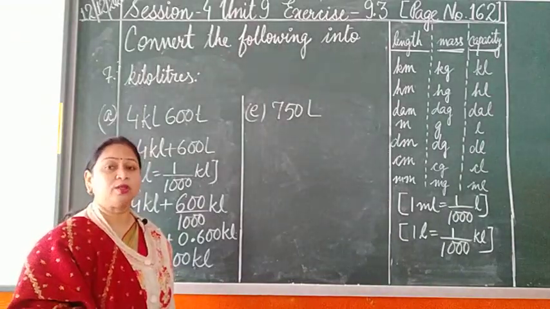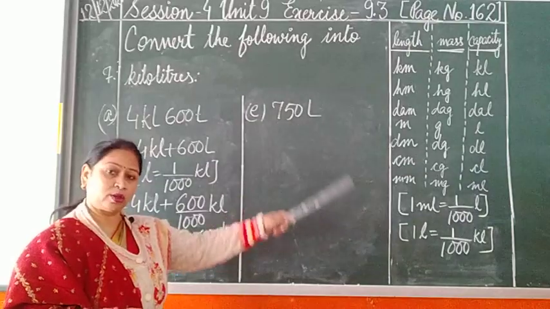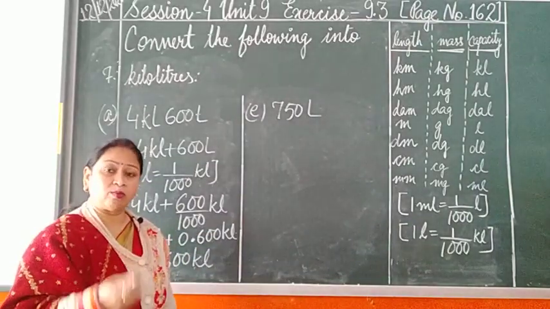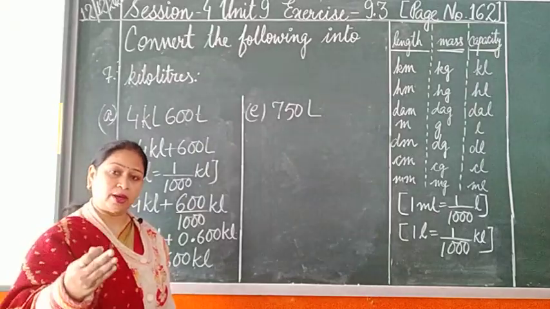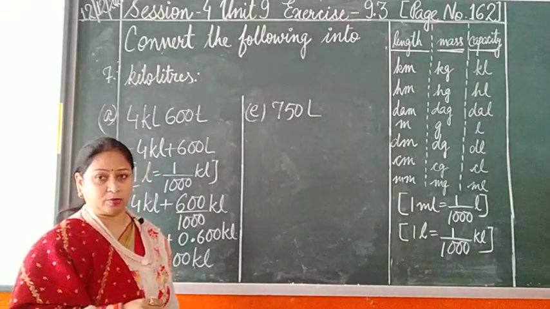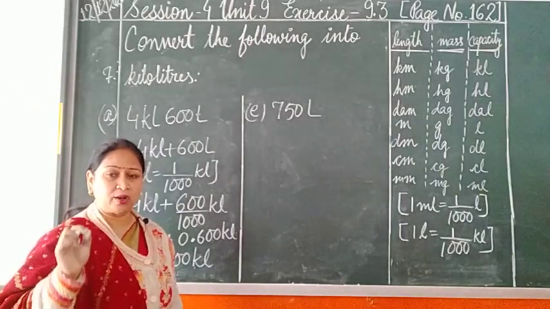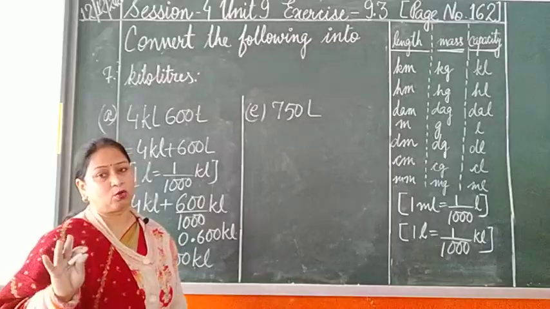Whether we are doing the units based on length or mass or capacity, and which type of conversion is taking place, whether you are changing from higher to lower value or lower to higher value, these things you have to keep in mind. Okay. And one basic formula if you learn, you are going to apply it overall.